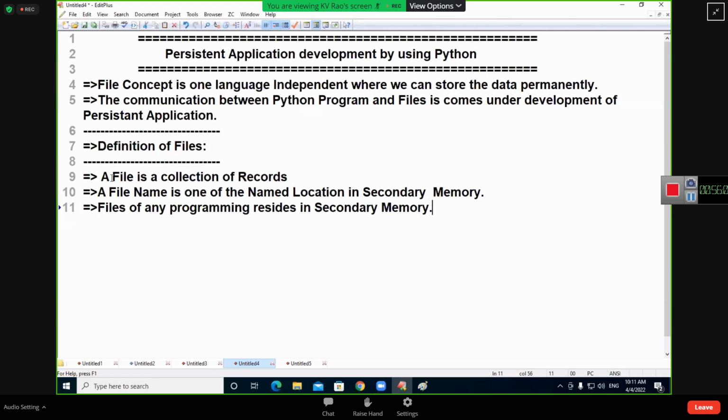BTech first year completed, exams written. Did you remember the BTech subjects? No. Second year exams over, gone. Third year exams over, subject gone. Fourth year exams over, clean and green. Am I correct? I will ask the online students also, is it correct or not? BTech four years over, do you have any subject in your brain?